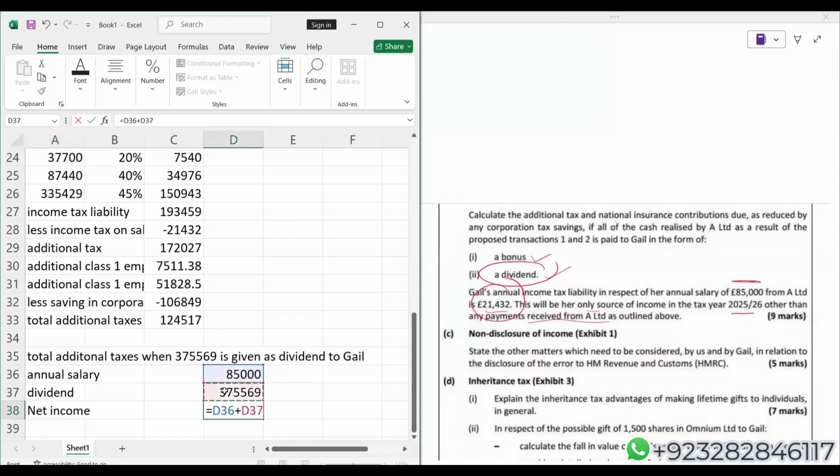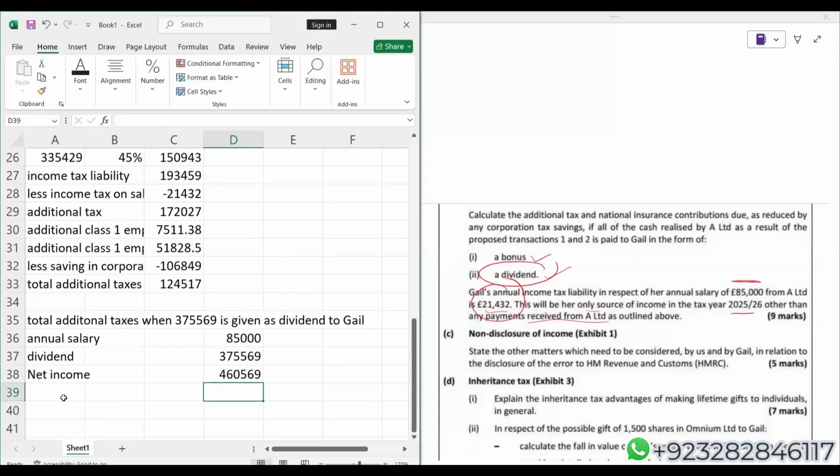Salary plus this. Personal allowance, obviously 0. But still you have to mention. Taxable income.